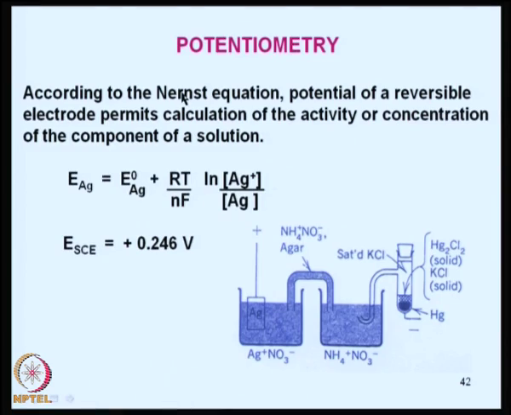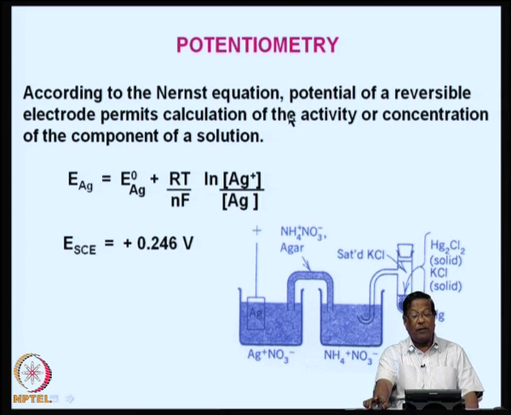Potentiometry is a separate science by itself, and according to the Nernst equation, potentials of a reversible electrode permit the calculation of the activity or concentration of the components of a solution.